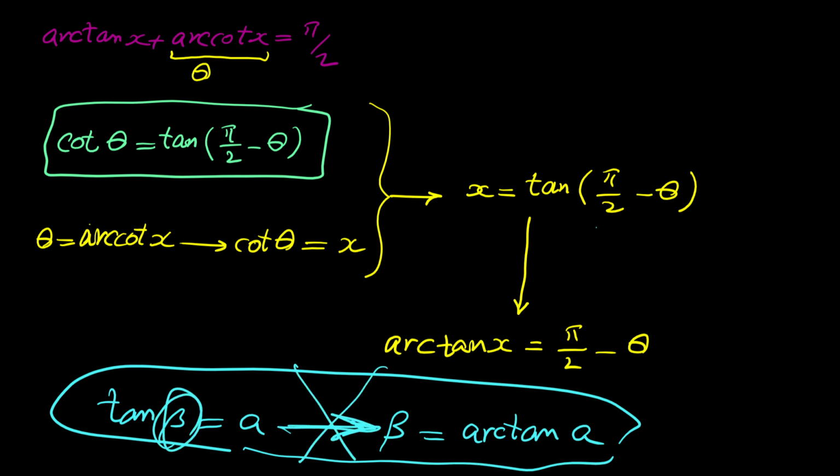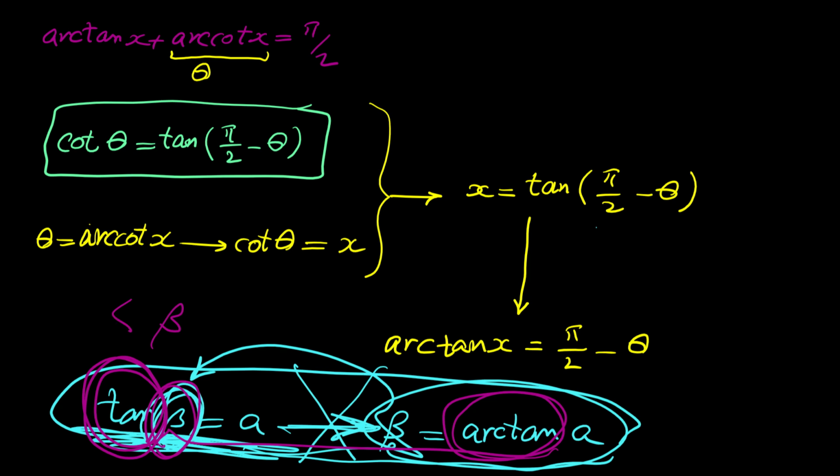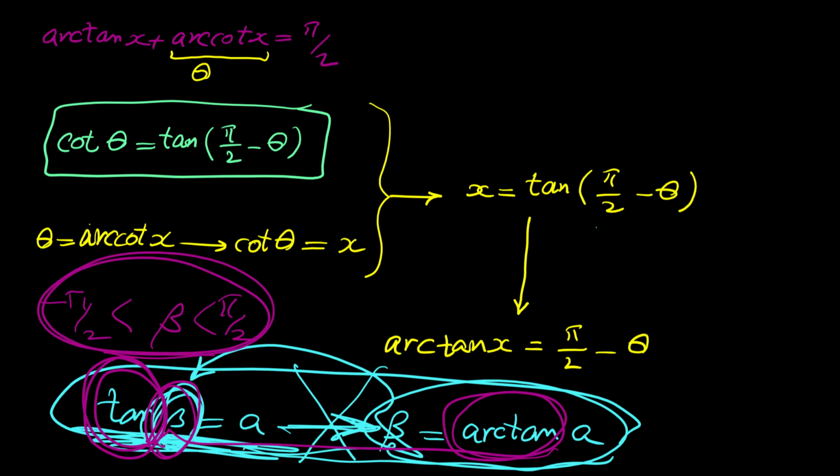You cannot conclude this relation from that relation for any angle beta, because arctangent is the inverse of the tangent function only if the angle beta is between negative pi over 2 and pi over 2. If we have this condition, yes, from this relation we can conclude this.